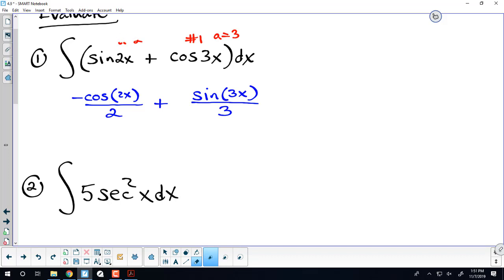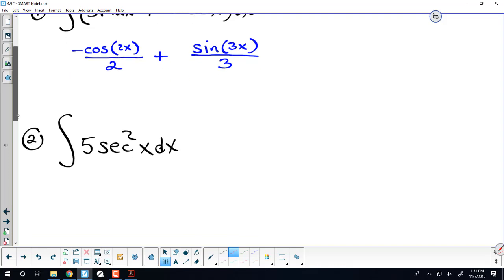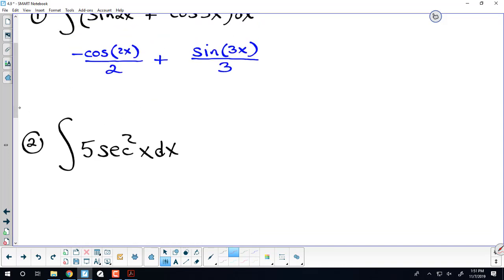Is everybody all right with that? I don't know what's best for you at this point, but if you are going off of that sheet, then that's what you're looking at. Plus c.